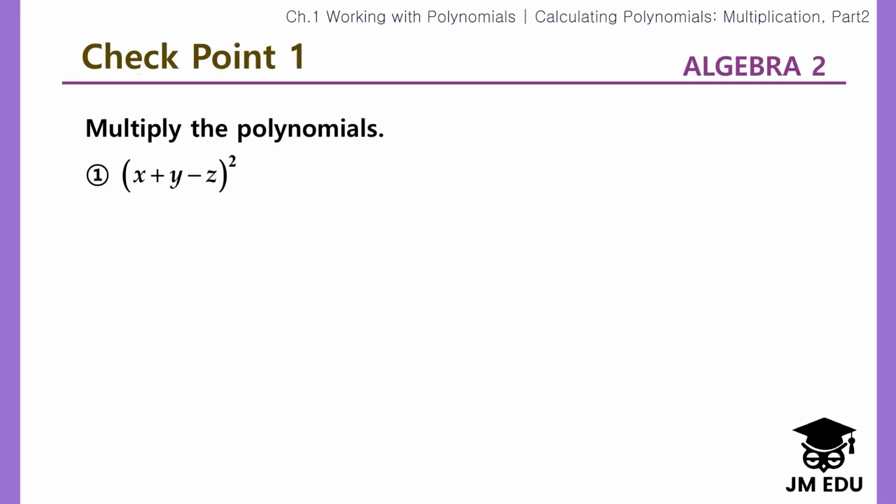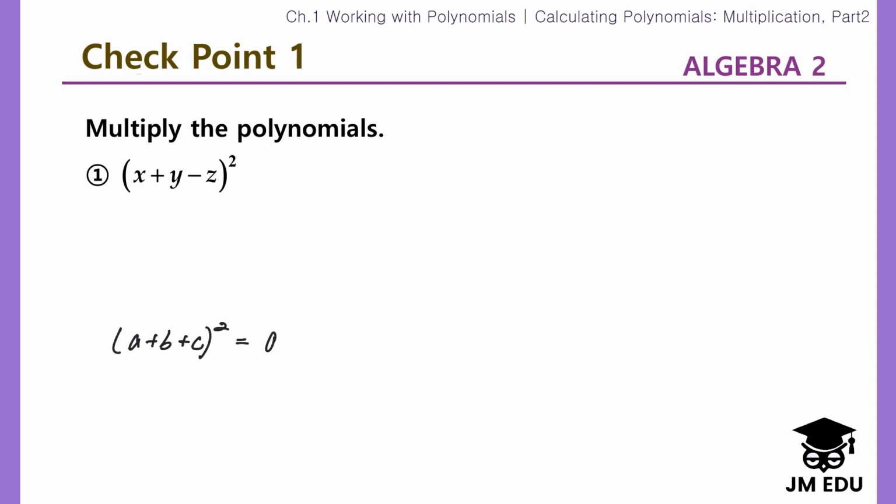Checkpoint 1. The question is to multiply the polynomials. So we have x plus y minus z, a trinomial square. The formula for a trinomial square: let's say we have a plus b plus c squared.